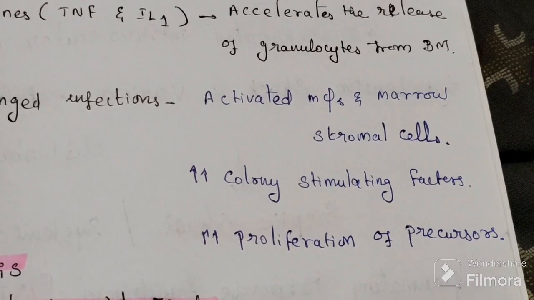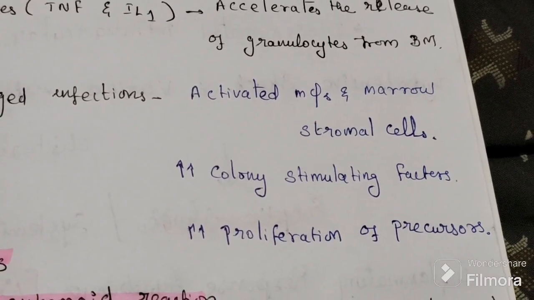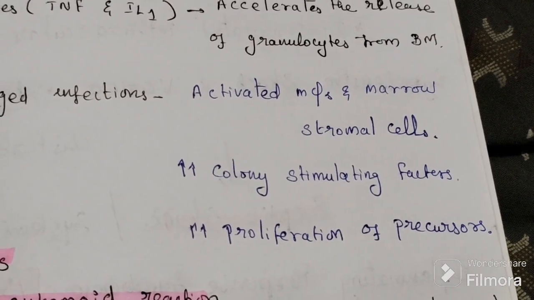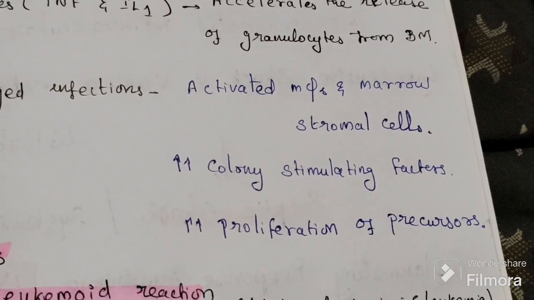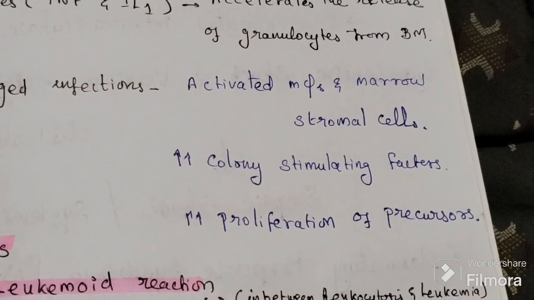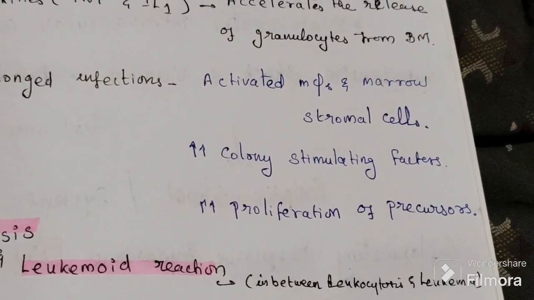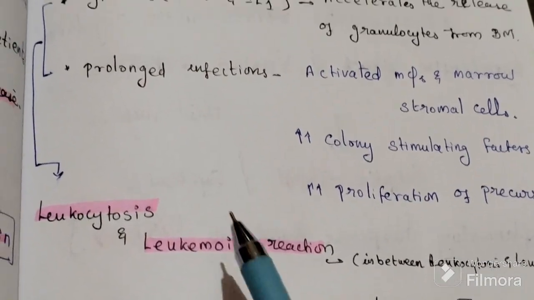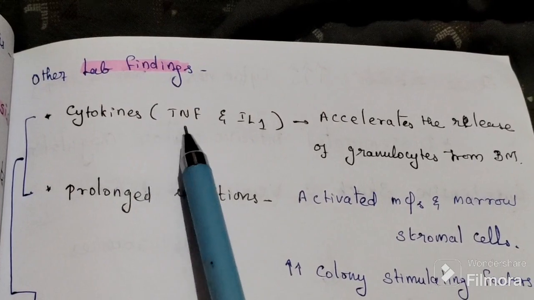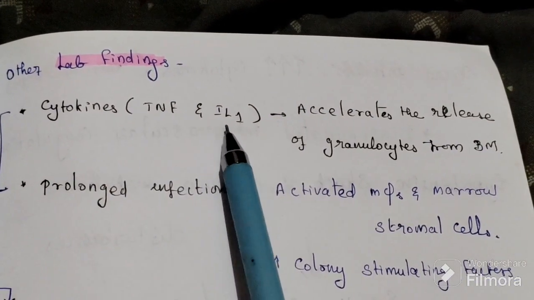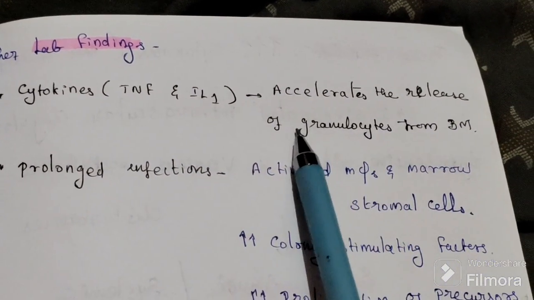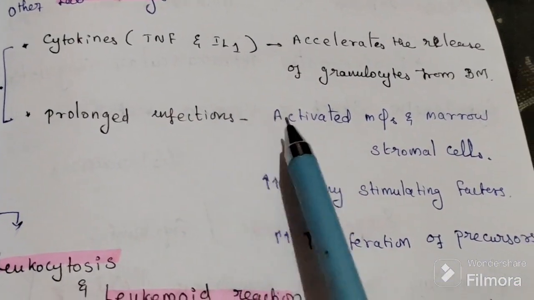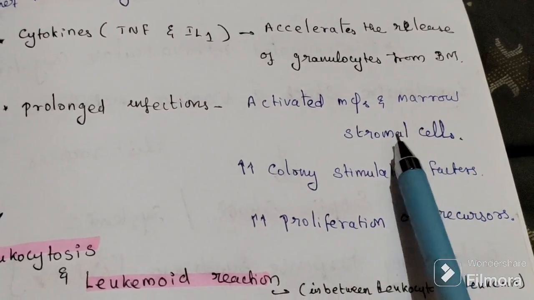There is increased proliferation of precursors. So all these things, the combined effect is manifested as leukocytosis and leukemoid reaction. These cytokines, tumor necrosis factor and interleukin 1, accelerate the release of granulocytes from bone marrow, and prolonged inflammation activates macrophages and marrow stromal cells.